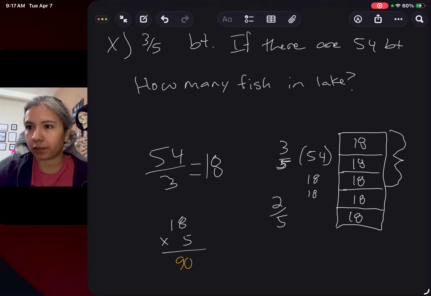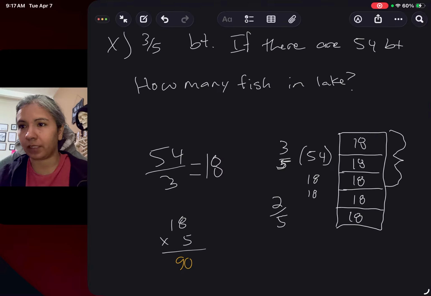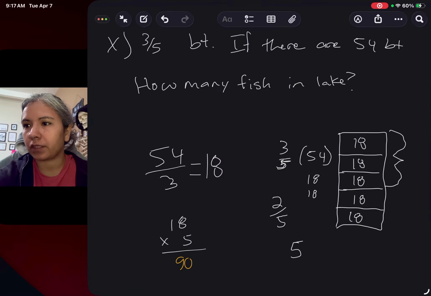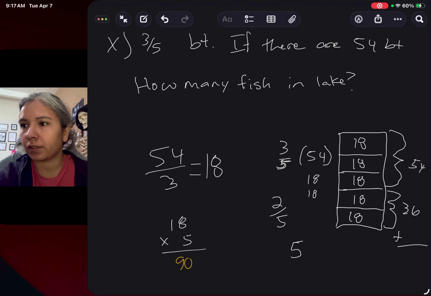So there are 90 fish. Or we can add 18 all 5 times. Or we know 18 and 18 is 36. So if we already know there are 54 here, the other fish are 36, we can add those 2 numbers to get our 90.